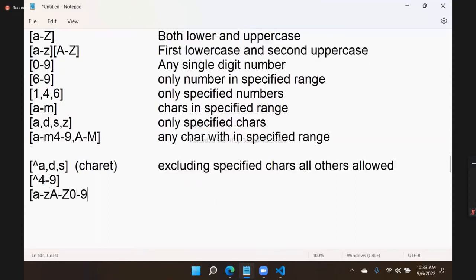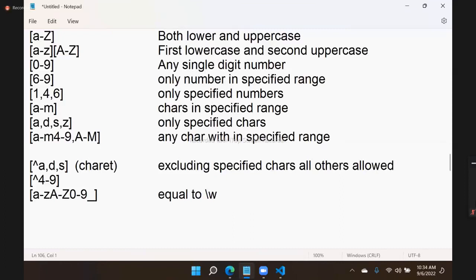So you can write A-Z, a-z, 0-9, underscore. What does this mean? This is actually equal to /W. Understood? /W means it will allow lowercase alphabets, uppercase alphabets, numbers, and underscore. That means all are allowed.